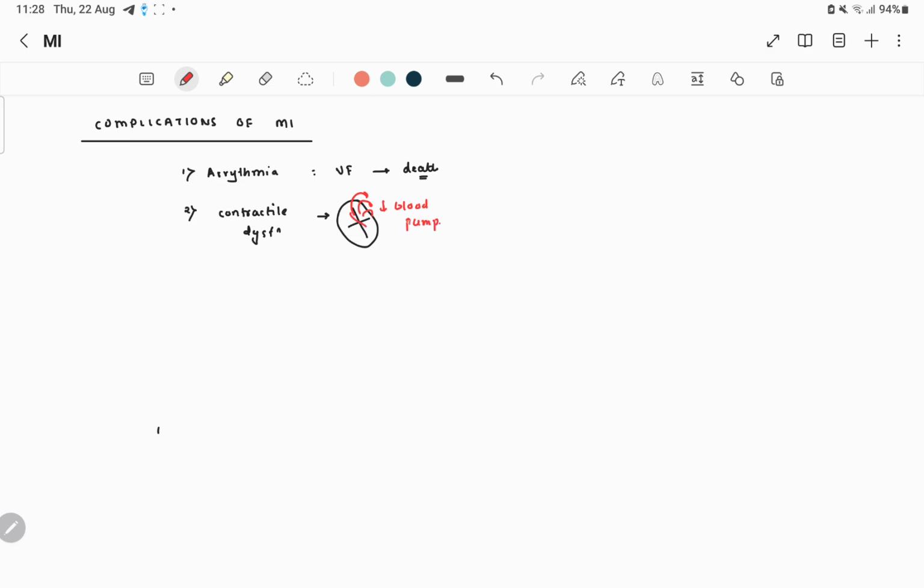Due to this reduced blood pumping, there is a state of cardiogenic shock. Basically, if about 40% of the left ventricle is involved, obviously there will be a state of cardiogenic shock, and this may lead to cardiac failure.